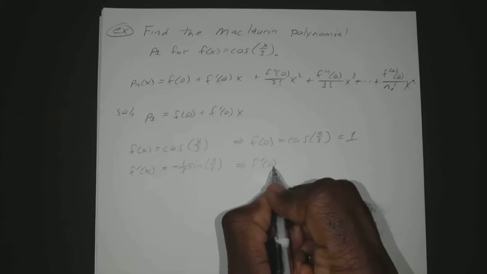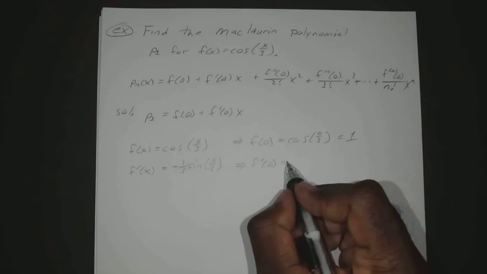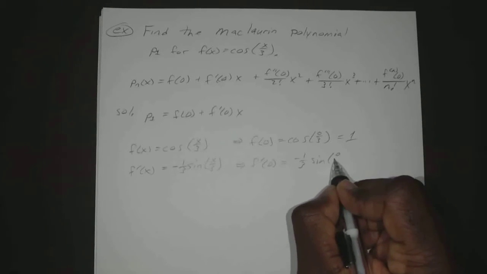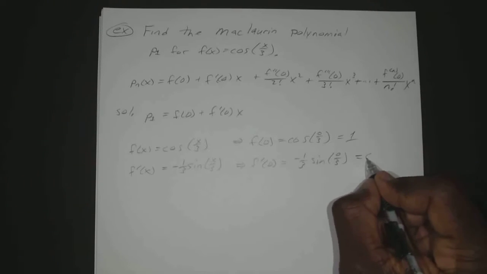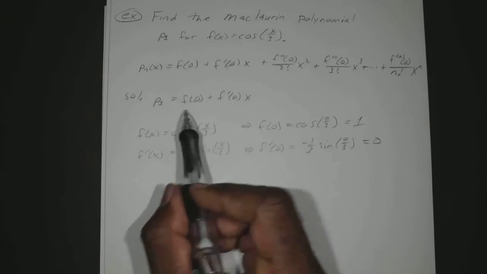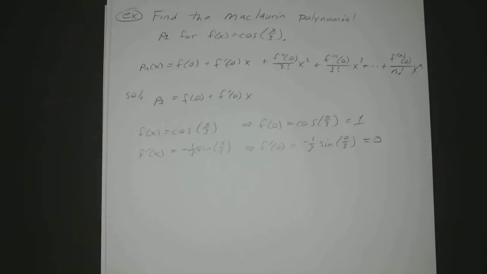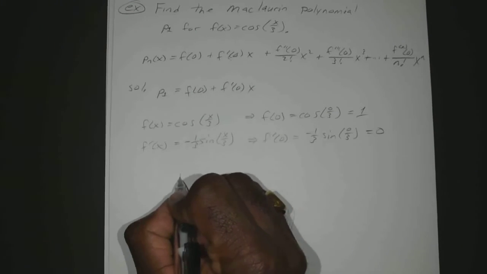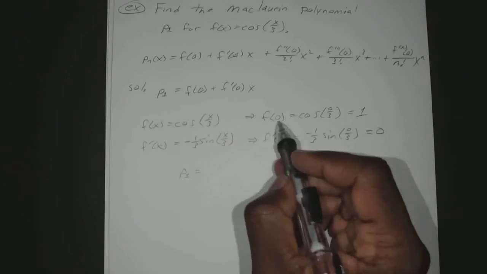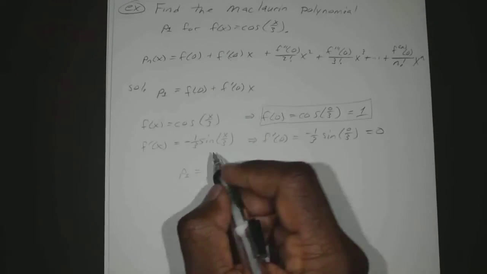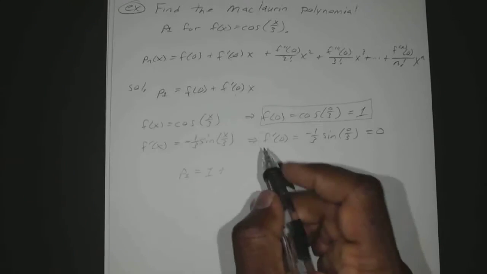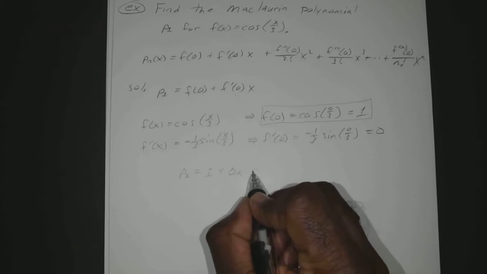And our f prime of 0 is just negative 1/3 times sine of 0 over 3, which is 0. So all we have to do is plug those in. So our p sub 1 is equal to f of 0, which is 1, plus f prime of 0 times x, which is just 1.